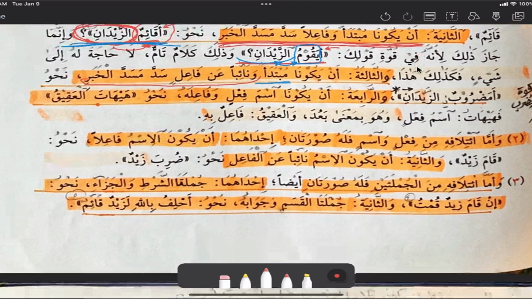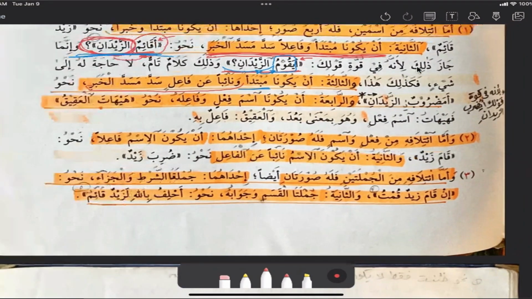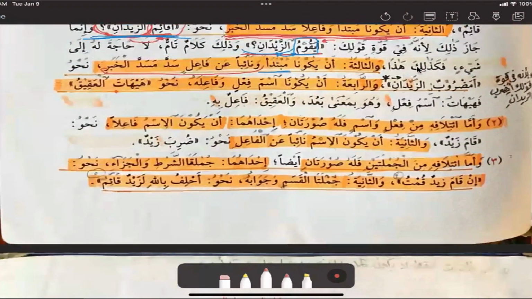Naib fa'il. So naib fa'il, naib means replacement. It's like the vice doer. So look, you know this case here, inshallah. You say, for example, fa'ala zaydun, or let's say daraba.